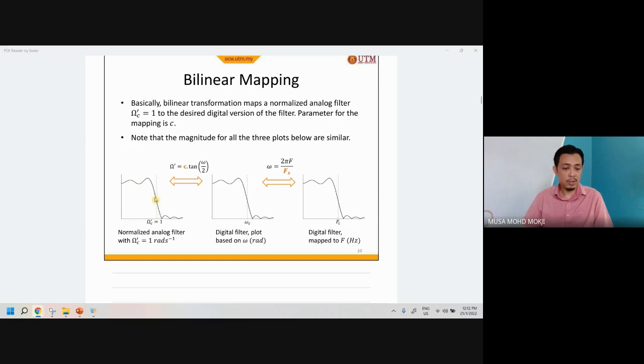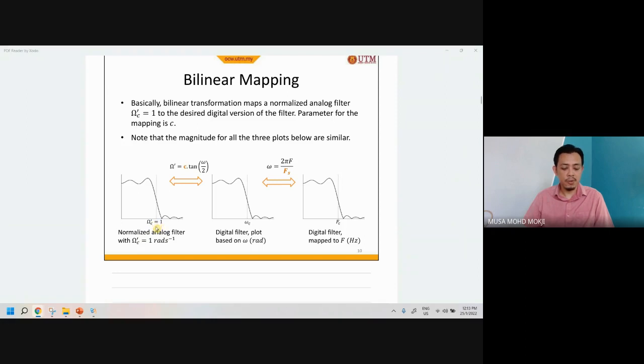It's very special, called a normalized analog filter. Which part is normalized? The cutoff frequency. For the normalized analog filter, the cutoff frequency equals 1.